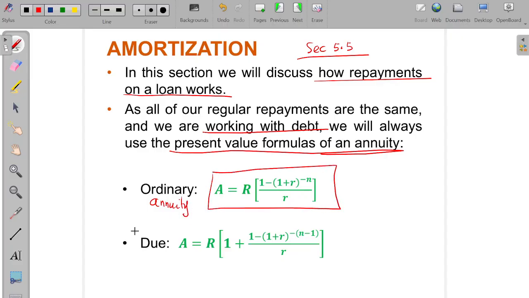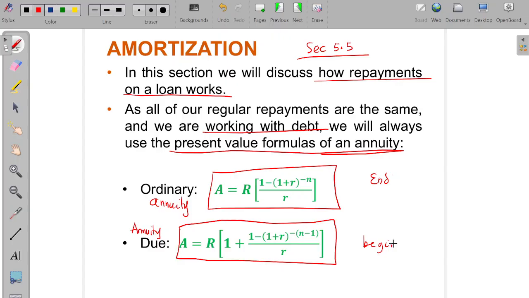And then we have what we call the annuity due, which is this formula. In an ordinary annuity, payment is at the end. In an annuity due, payment is at the beginning. So when you see in a question that the payment is made at the beginning or in advance, that is annuity due.